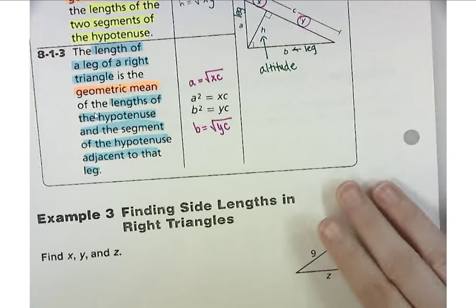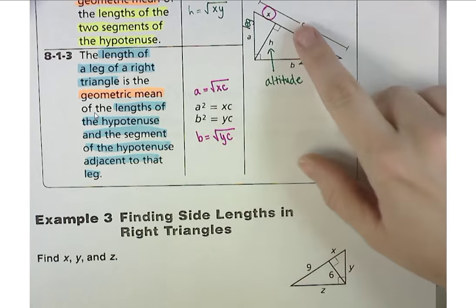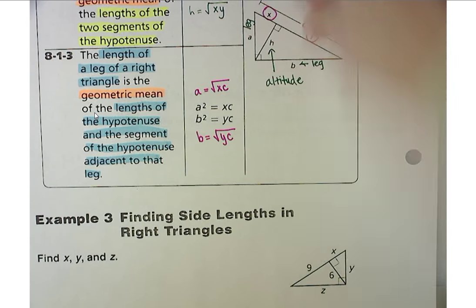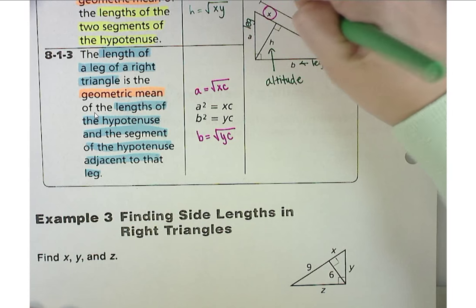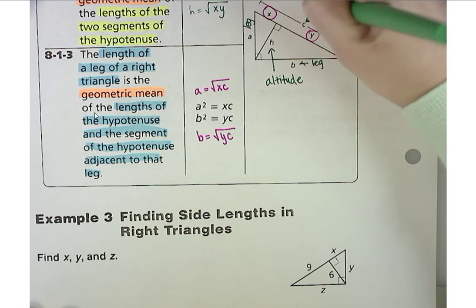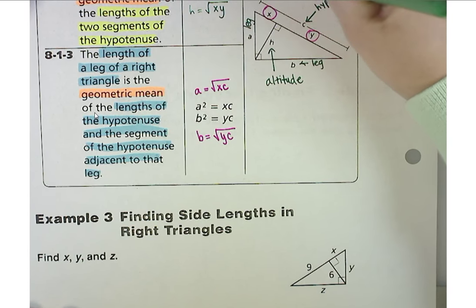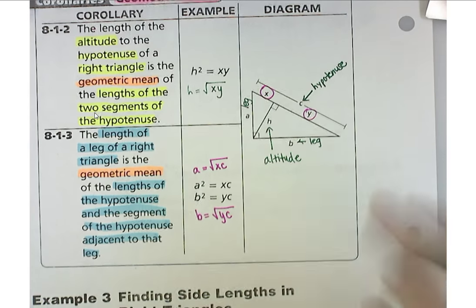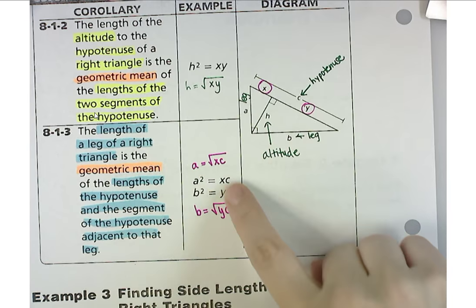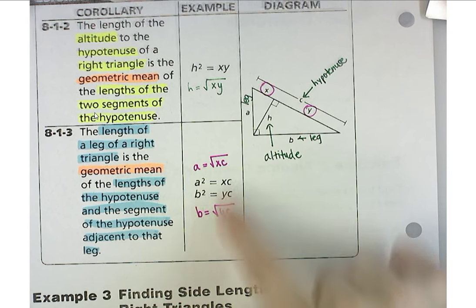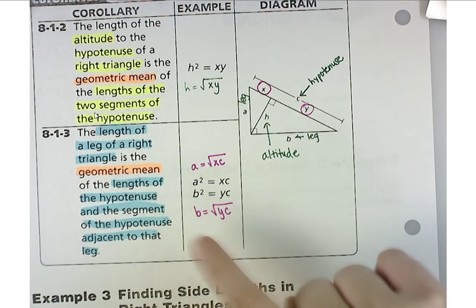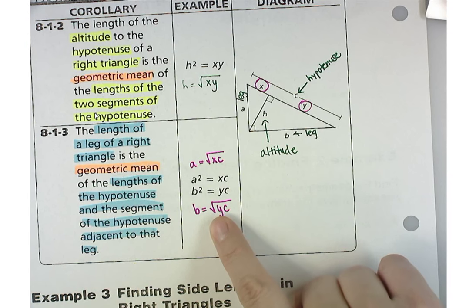So if you look at your picture, C is the hypotenuse. If C is the hypotenuse, can you guys see how that's part of the geometric mean for both of them? Now this one has X and this one has Y. Those are very specific.